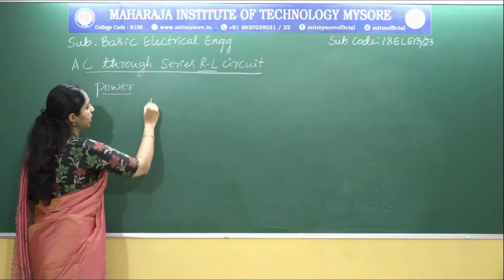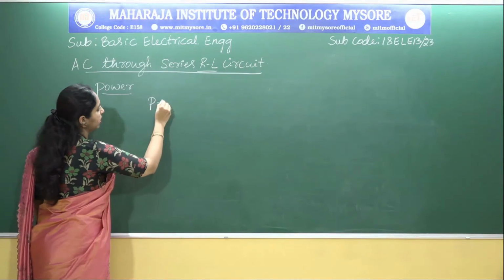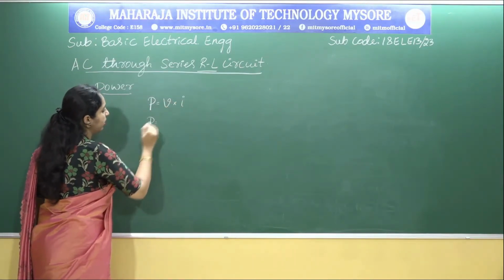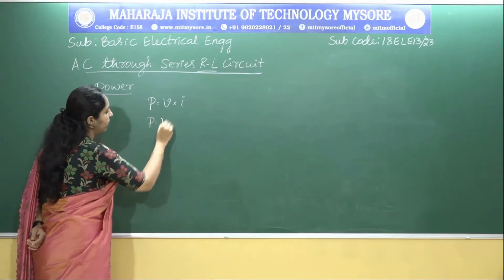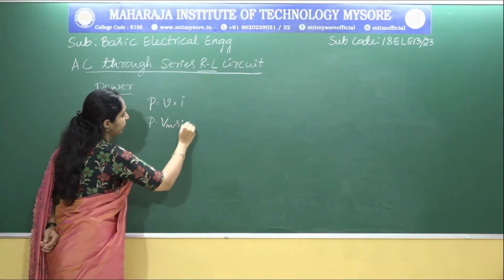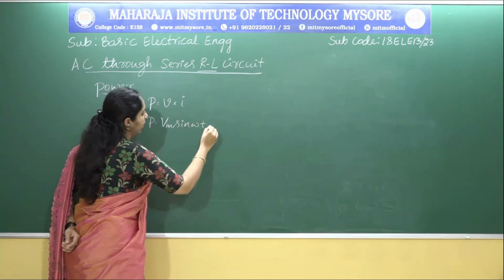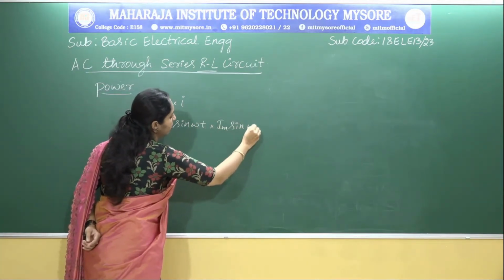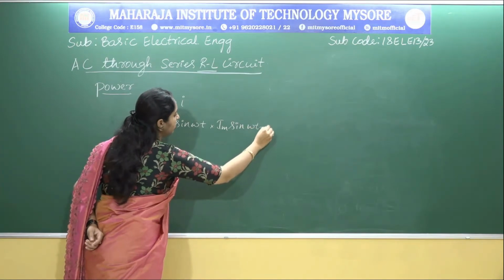You know that instantaneous power can be expressed as instantaneous voltage times instantaneous current. We know that V is equal to Vm sin omega t, and I is equal to Im sin(omega t minus phi).